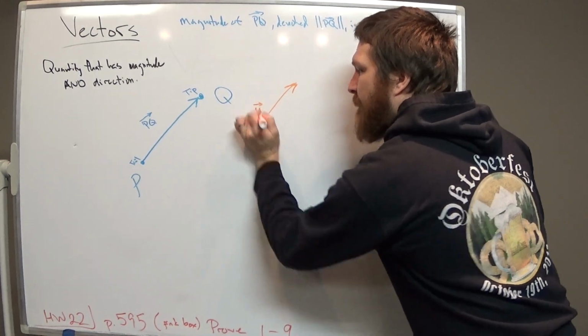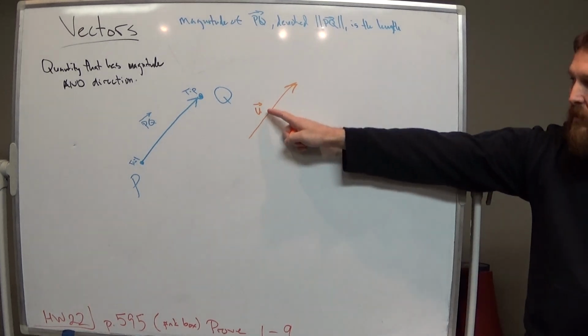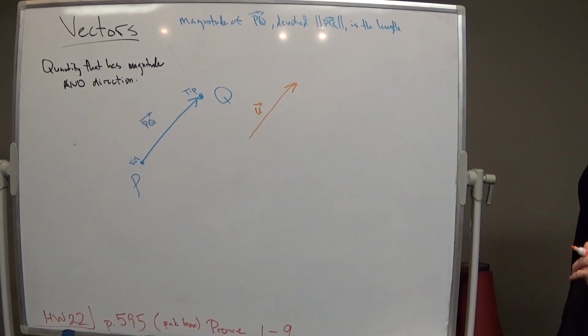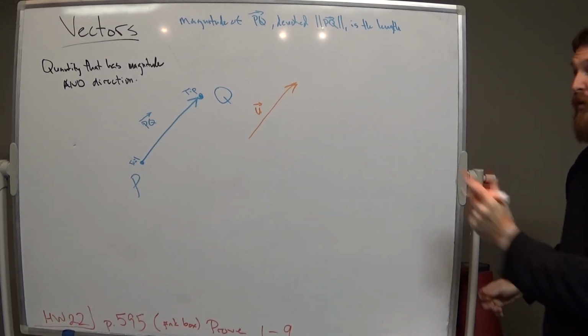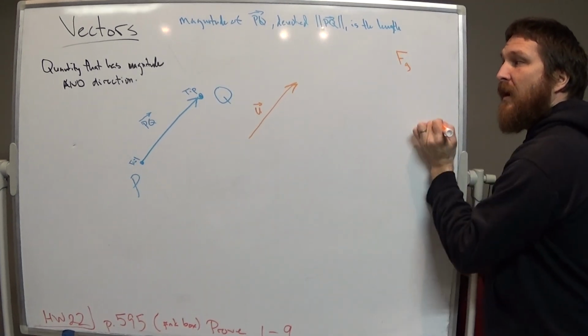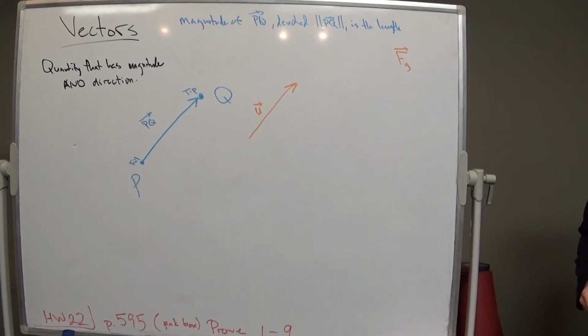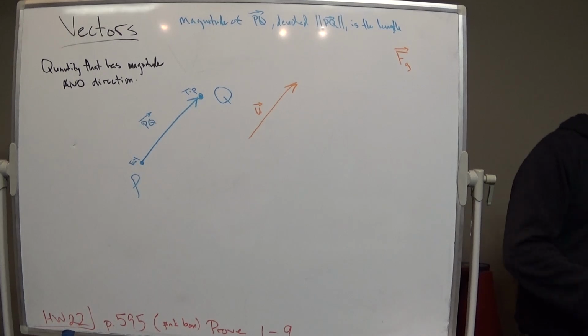And here's the thing. Whenever you write down a vector's name, you put a little arrow over it to denote this is a vector. So earlier, I didn't want to show my hand quite that soon, but the force of gravity, I should have put a little arrow over the top of it. Because that's the convention.